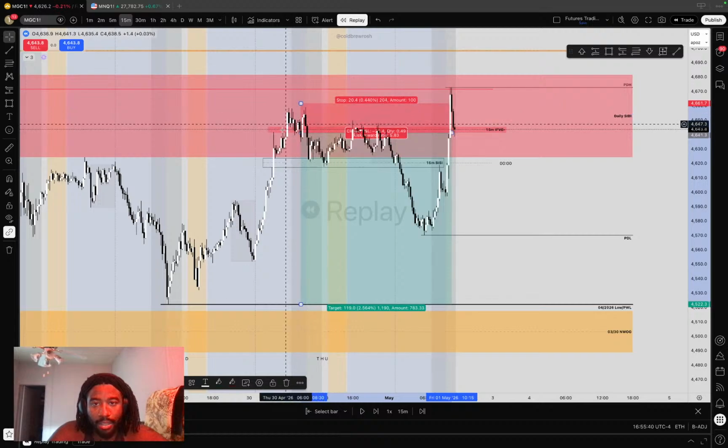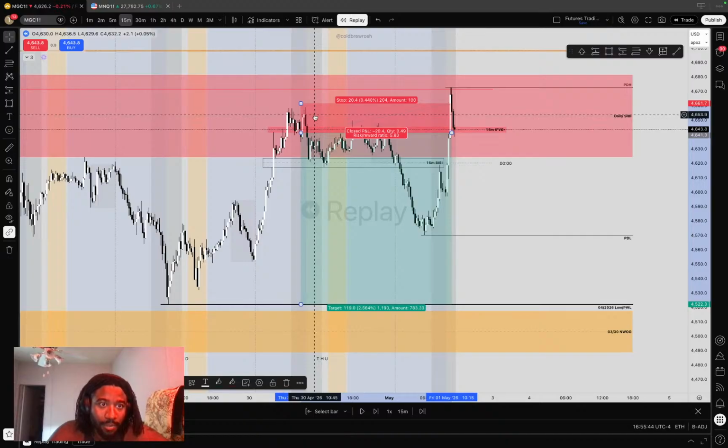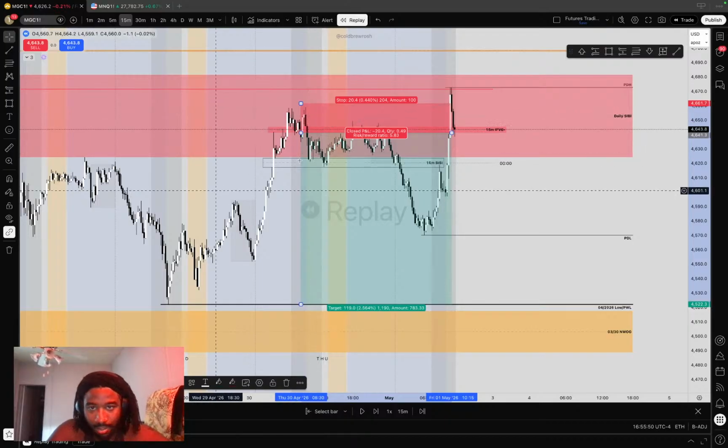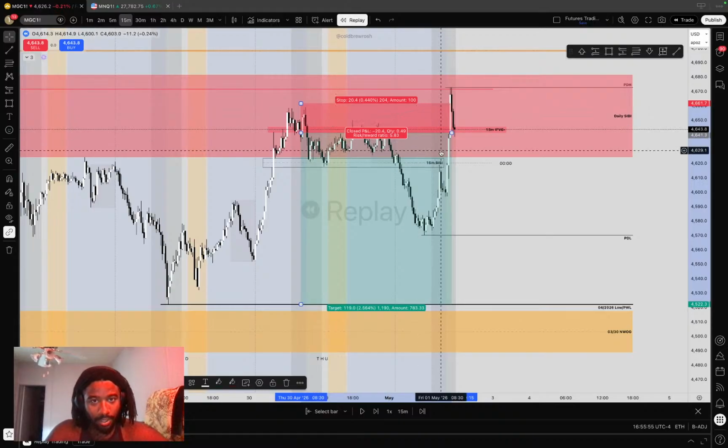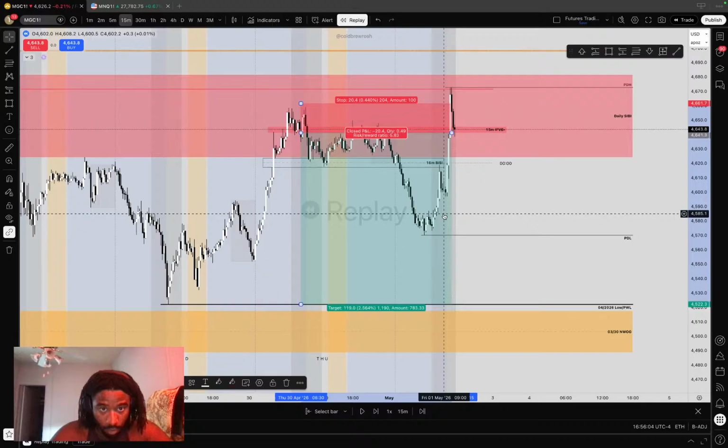The candles did close a little bit above the consequent encroachment, so that would have told me I don't know if this is going to be the best of trades, but we would have taken it anyway because we're in a non-consolidating market. But yeah, we would have seen that we would have lost the trade.